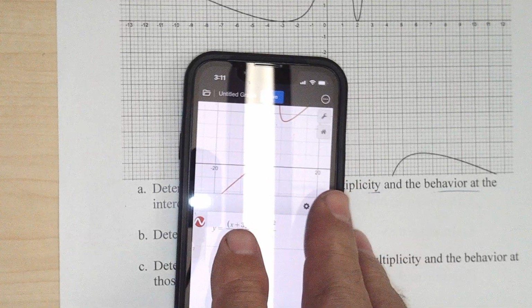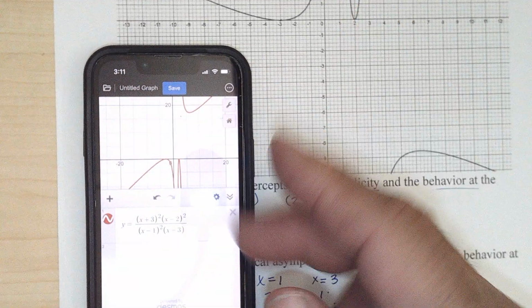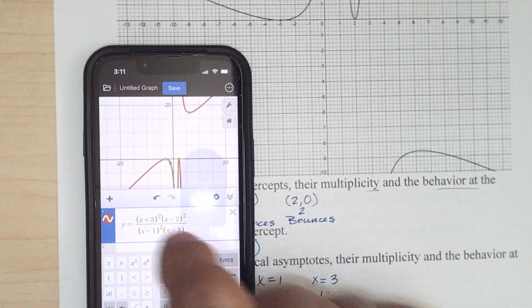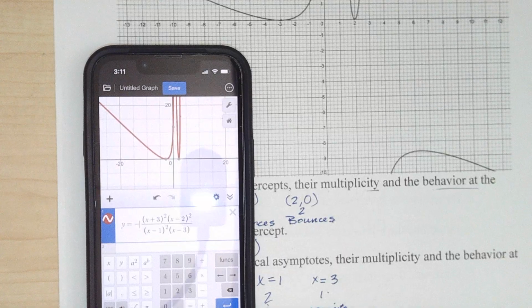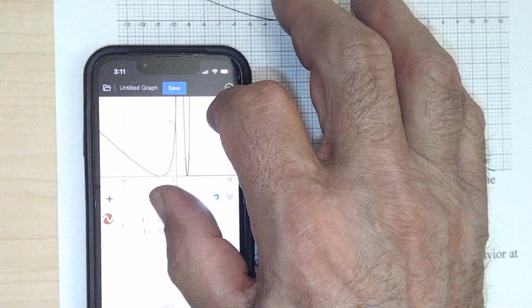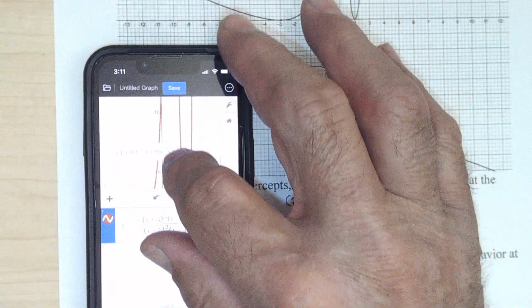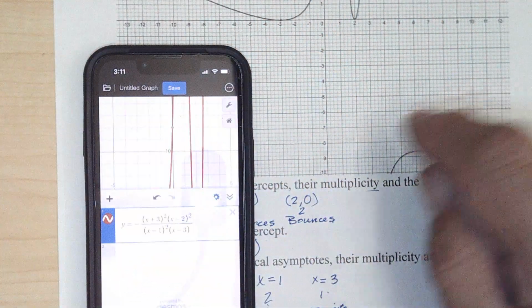Well, the negative, let's see, there we go. The negative would flip it over, so let's put in the negative. Now it's flipped over, but this, you can see, has a y-intercept at 12.